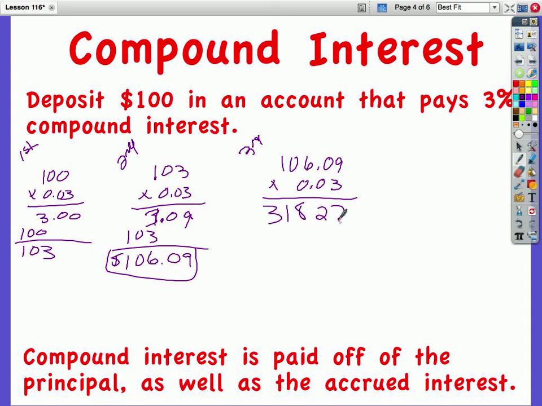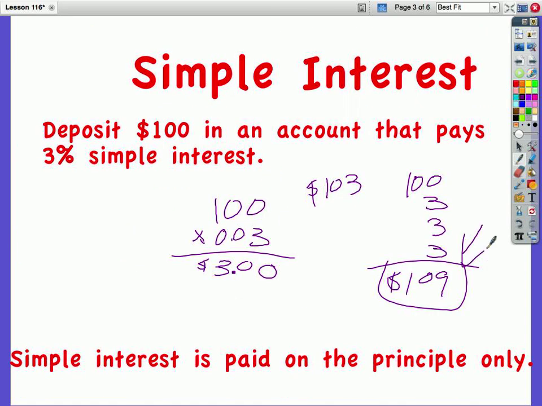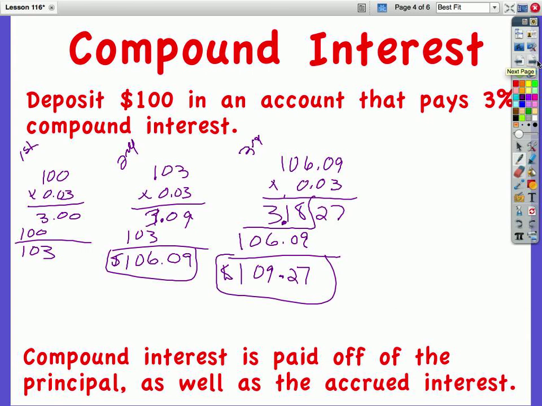Okay, my decimal will go here. Dollars and cents, remember we need to round to the nearest hundredth. So I would have made $3.18. Add that to what I had before, $106.09. So after 3 years with compound interest, I had 27 cents more than I did with simple interest because I'm earning money off my interest as well.